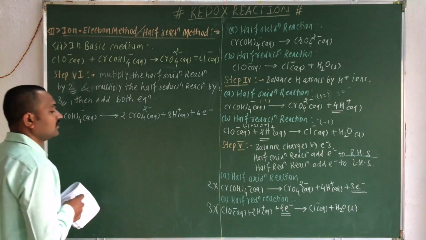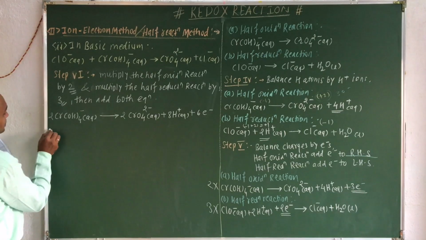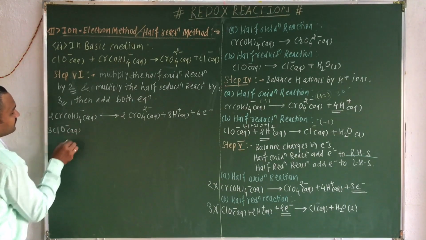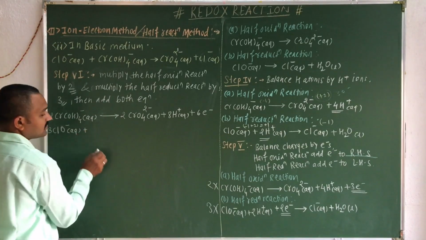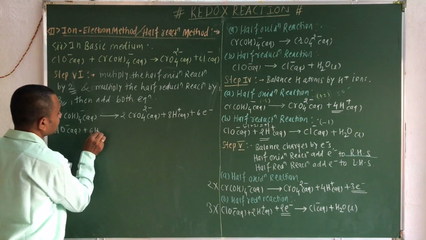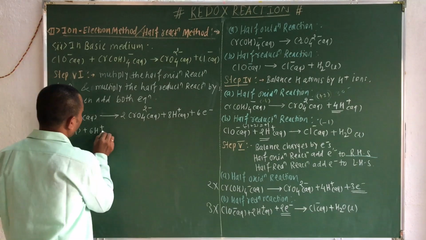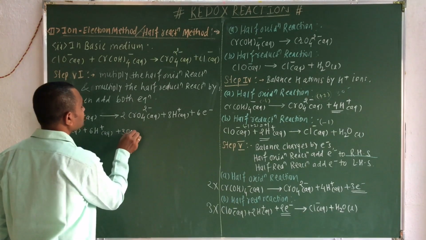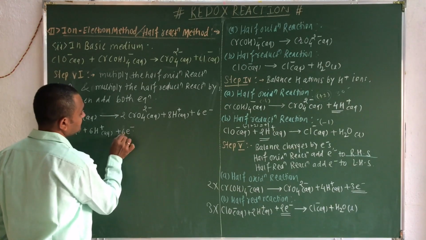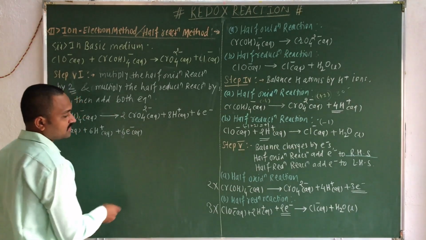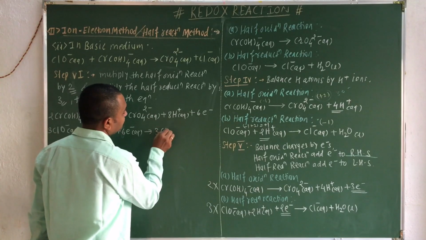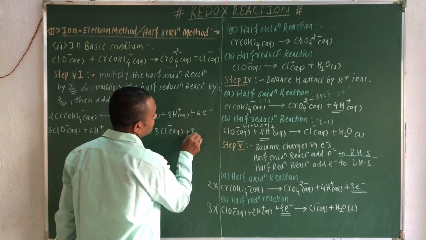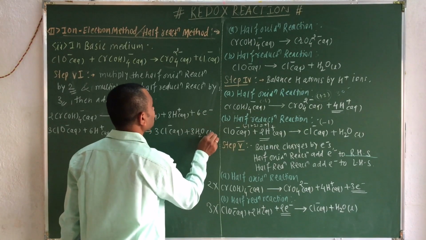So that will be equal to 3 ClO minus aqueous plus 3 2s are 6 H plus aqueous plus 3 into 2, 6 electrons, gives 3 Cl minus aqueous plus 3 H2O liquid.